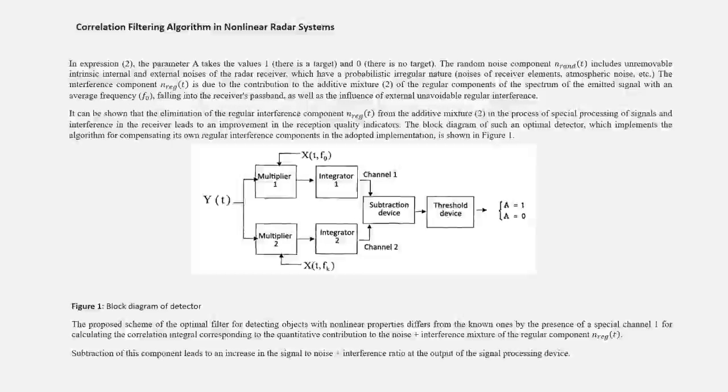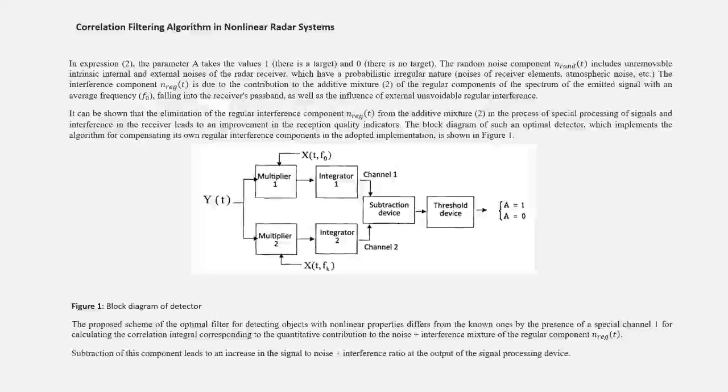In the second expression, the parameter x takes the values 1 and 0. The random noise component includes unremovable intrinsic internal and external noises of the radio receiver, which have a probabilistic irregular nature: noises of elements, atmospheric noise, etc.